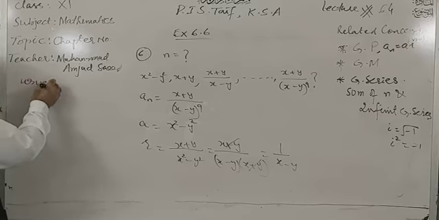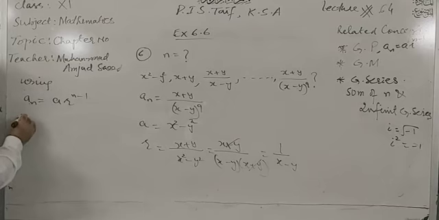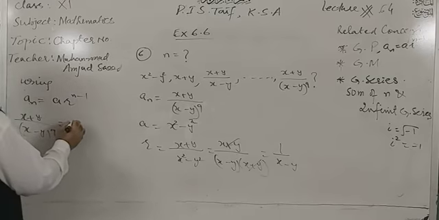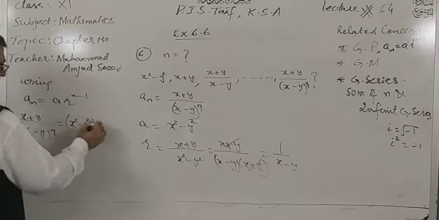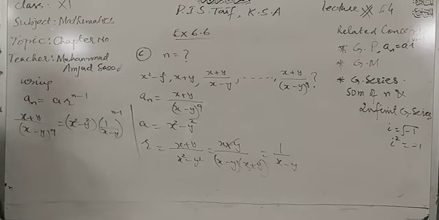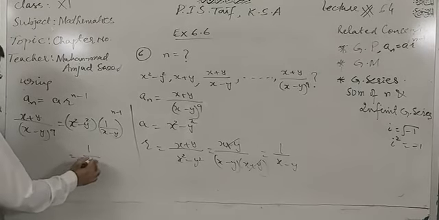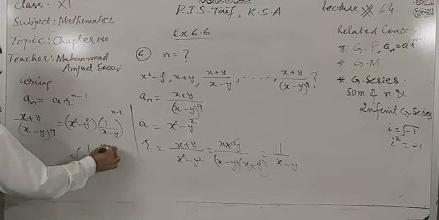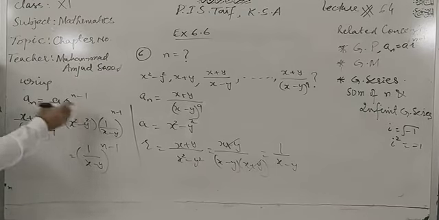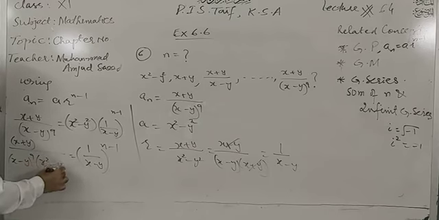Using the formula an is equal to a r power n minus 1. What about an? x plus y over x minus y power 9. a is x square minus y square. r is 1 over x minus y power n minus 1. So dear students, 1 over x minus y whole power n minus 1. Bring this x square minus y square to the left hand side. Here we will have x minus y power 9 over x square minus y square.